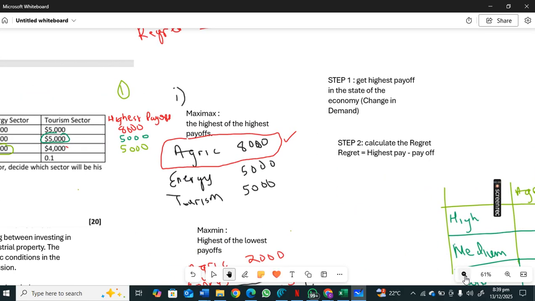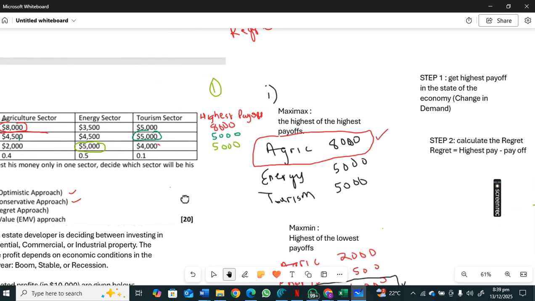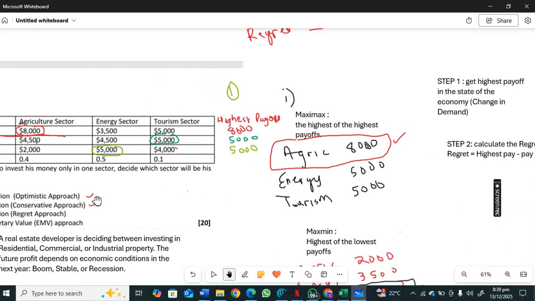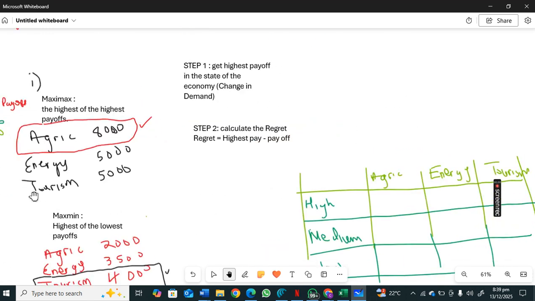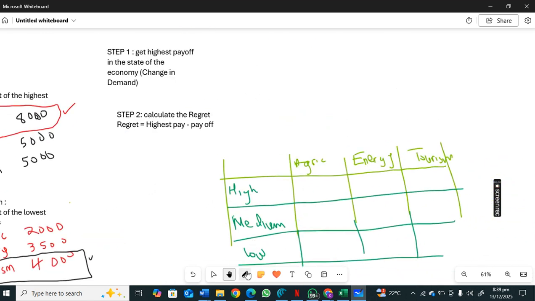So now we start calculating the regrets. So for agriculture, we start here. When demand is high, you're going to say highest payoff 8,000. You're going to say 8,000 minus this 8,000 here. So in the table I'm going to put 8,000 minus 8,000.